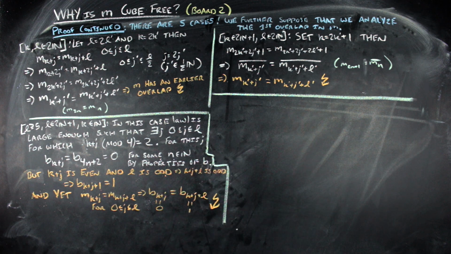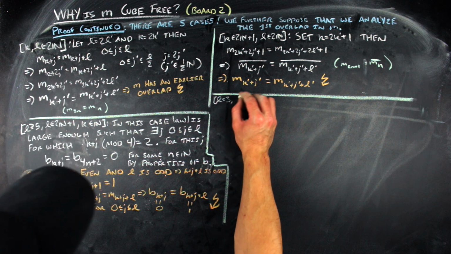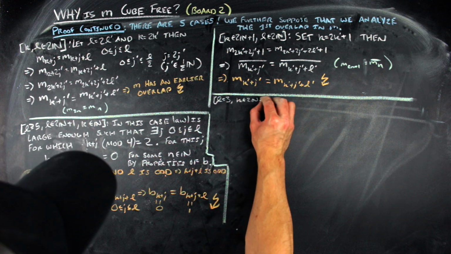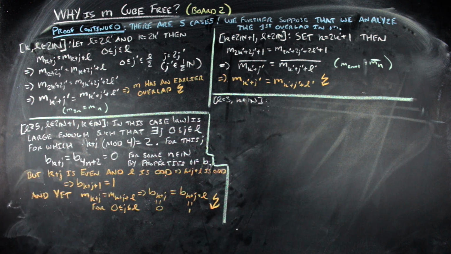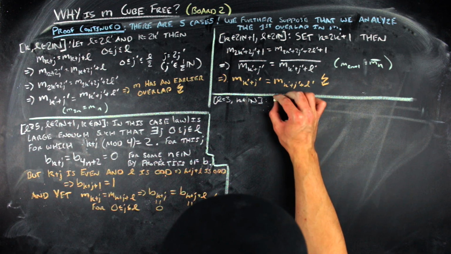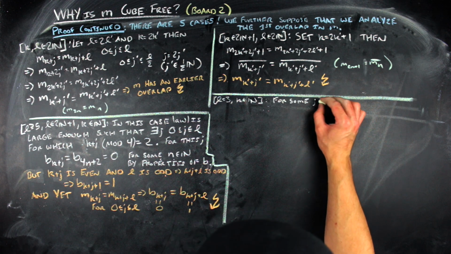The next case is for L equal to 3 and K is just some number. What we have here is that, well, now we miss one of the values mod 4, right? So we have a K plus 0, a K plus 1, and a K plus 2. But we must hit 3 of the 4 values.